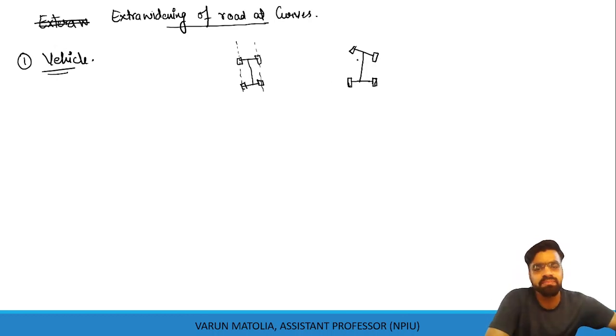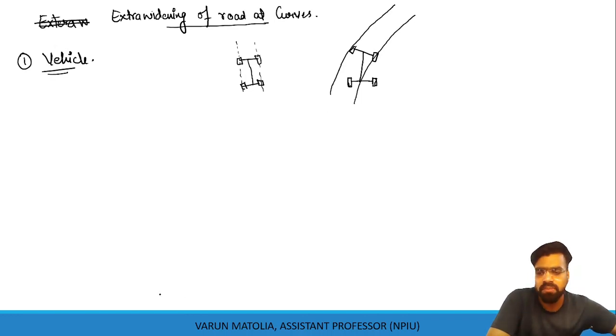But in this case, if you see on the curves, the path followed by these front wheels is shown here with black pen, and the path followed by these rear wheels is shown in red.